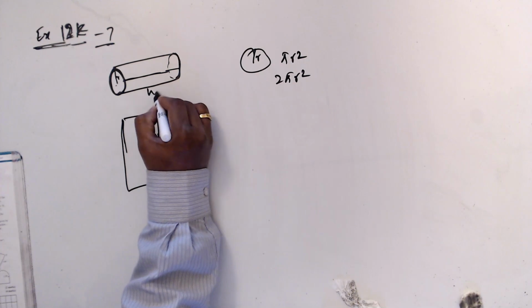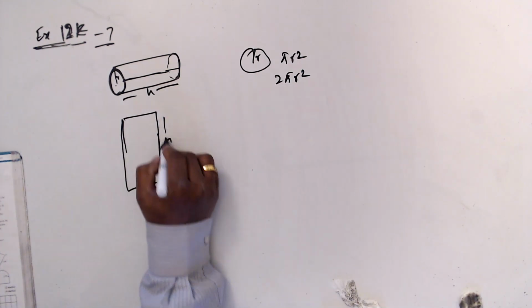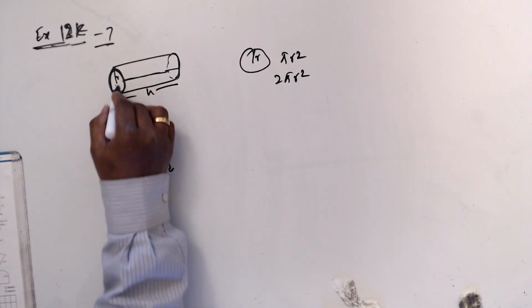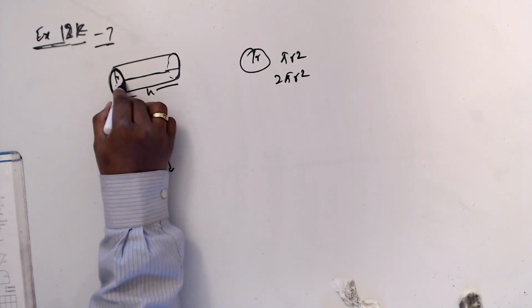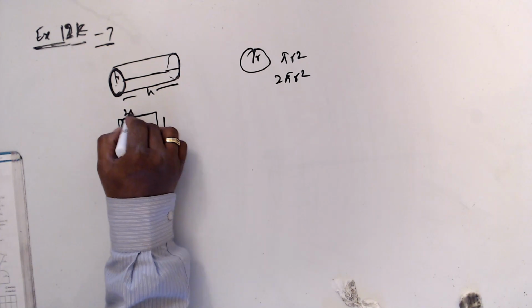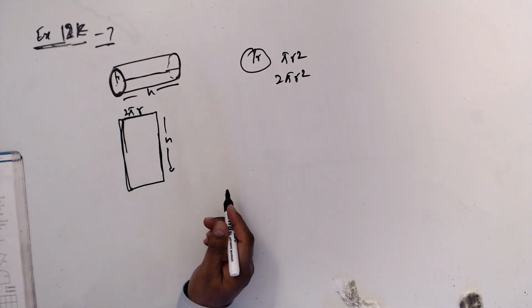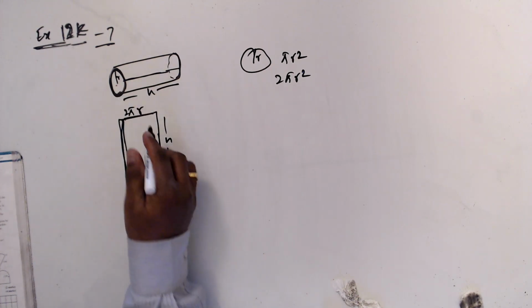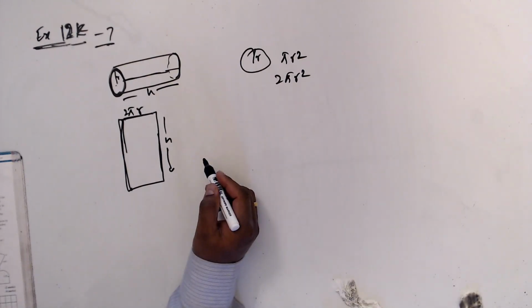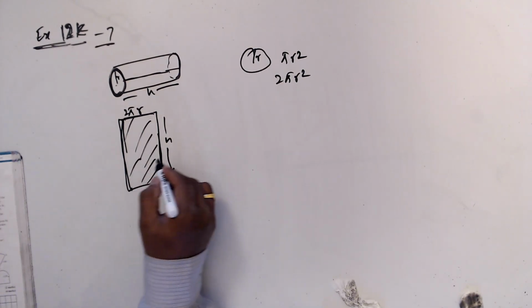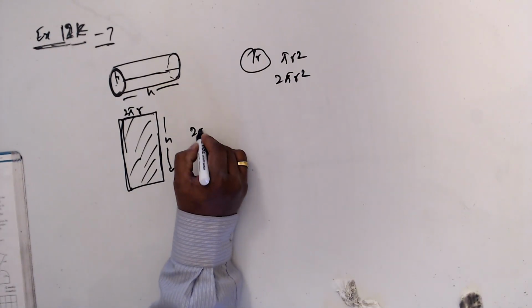If I take this length h, you can see this length is h. What is this length now? This length is the circumference, so this is 2 pi r. If you want, take a cylinder, cut it and see. So this area, now this is a rectangle, is 2 pi r h.